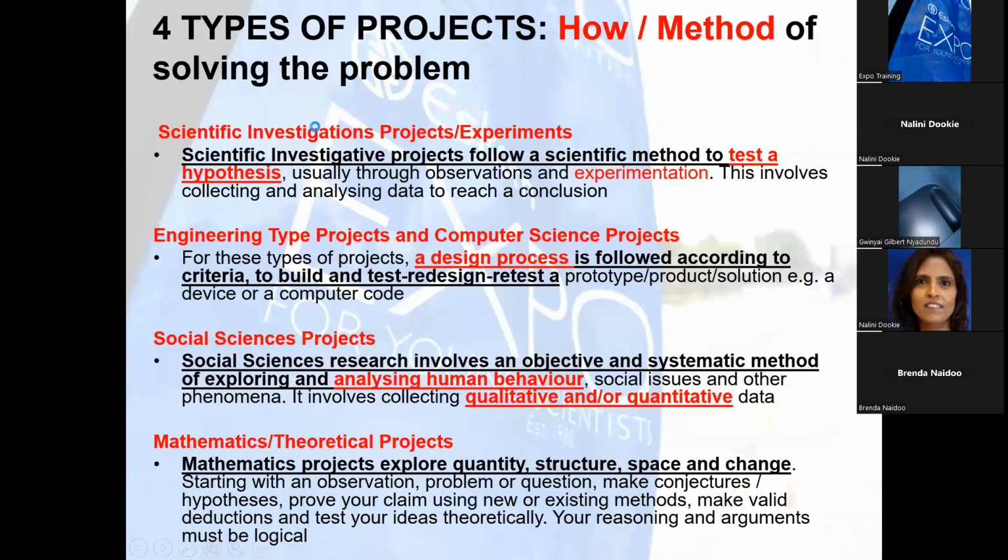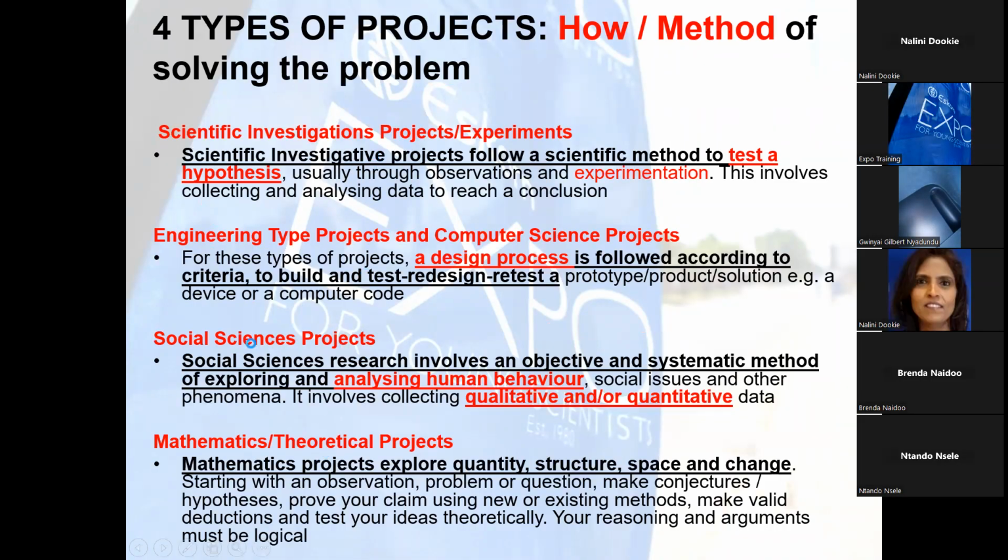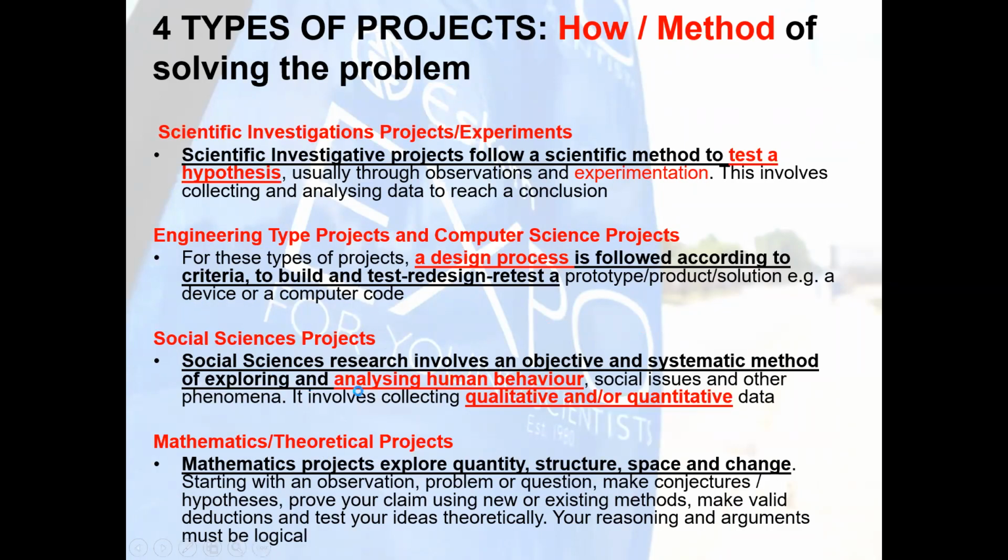So here we are, these are our 4 types of projects, right? And we look at the social science type of project. The focus here is on exploring human behavior. So we're also looking at hypothesis testing in the social science project. The only difference here is how we are collecting our data.